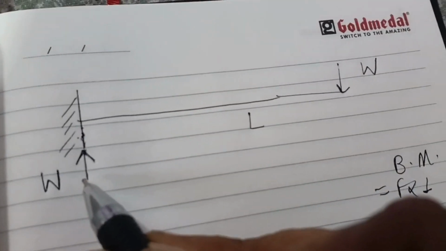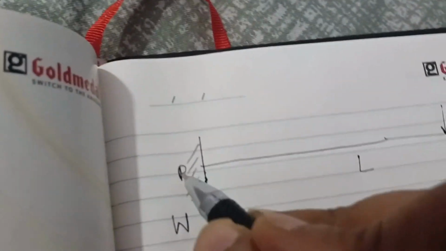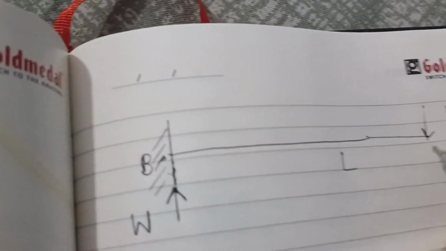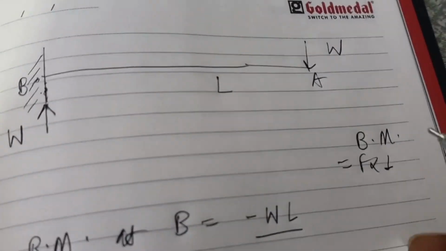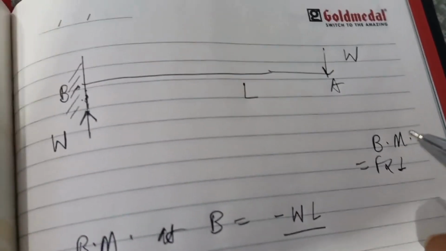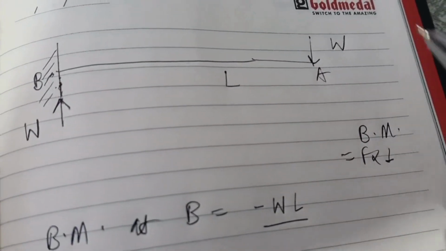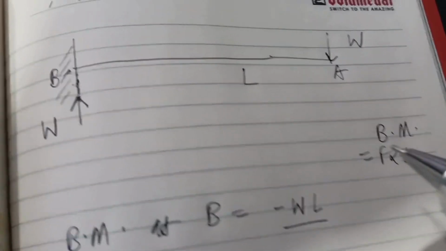So if we have to calculate the bending moment at B, this is the point B and this is the point A. Bending moment at point B is nothing but minus W into L, because we have just seen the sign convention. If the force is acting in the downward direction, we take minus.